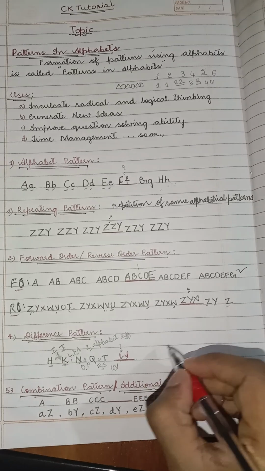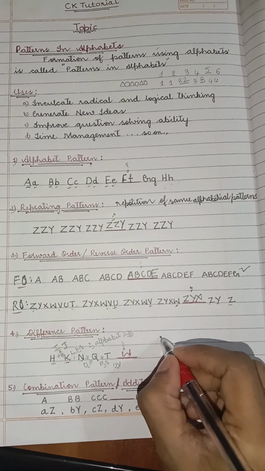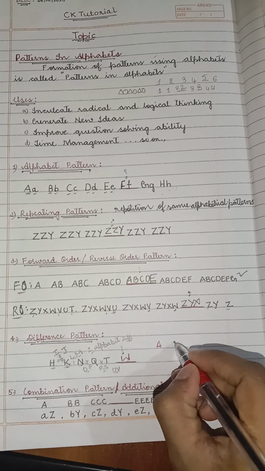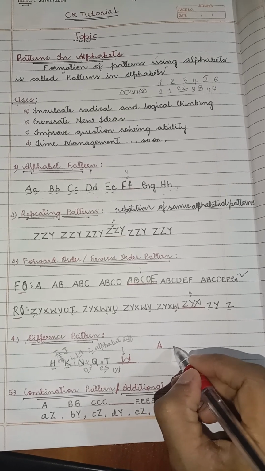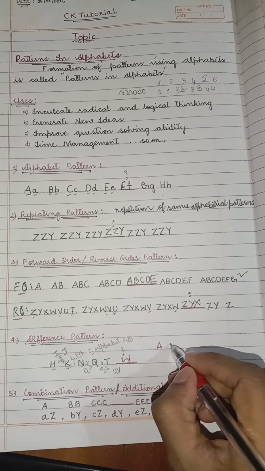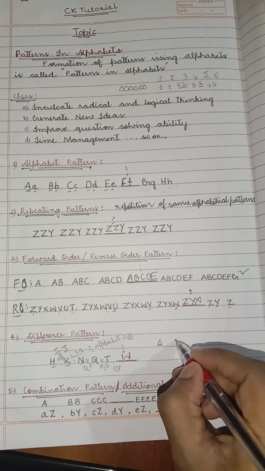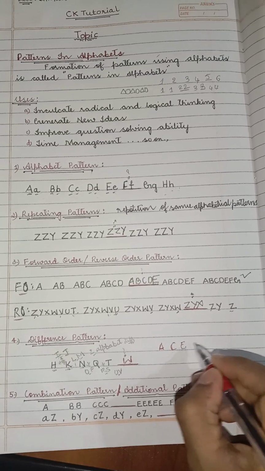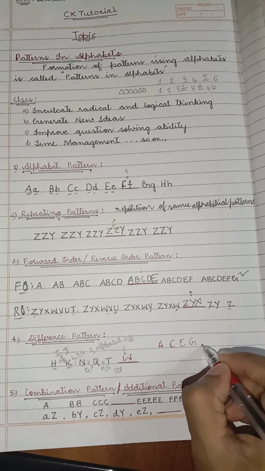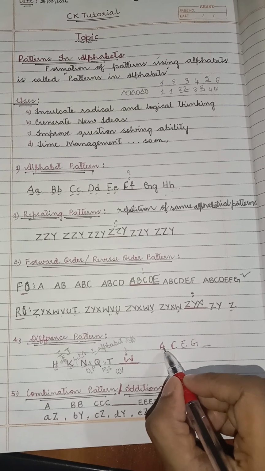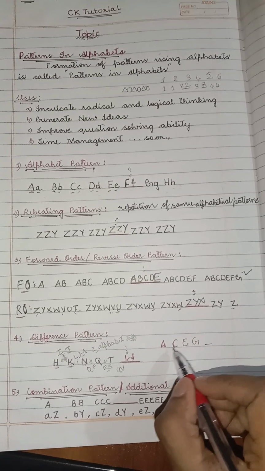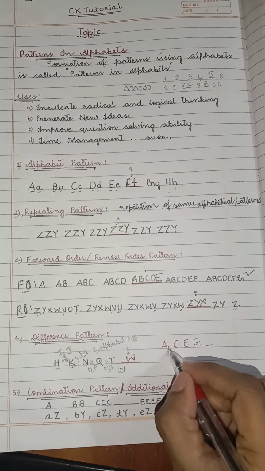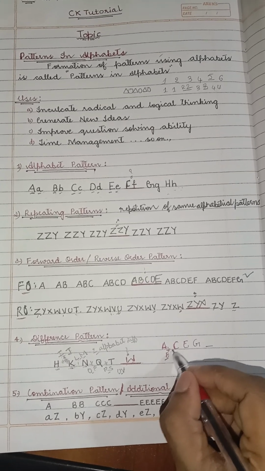They are also called as single alphabet pattern. For example, A, C, E, G. Here we can observe that after A, we will get letter B. So this is called as single letter alphabet difference.